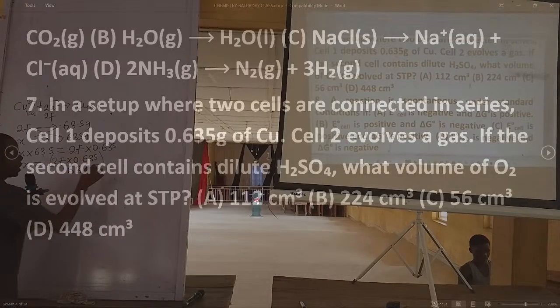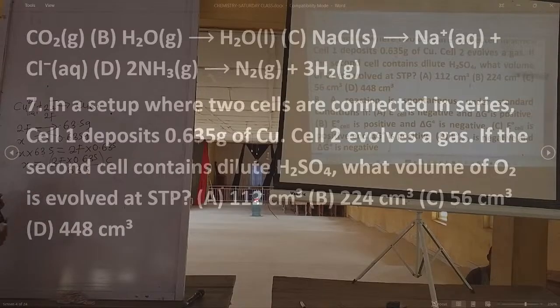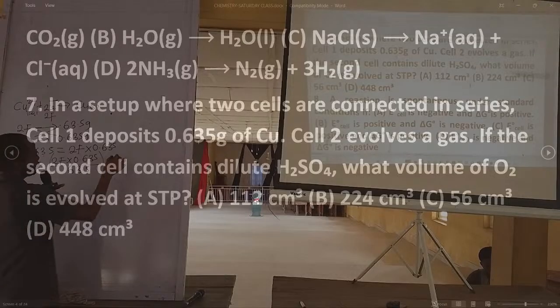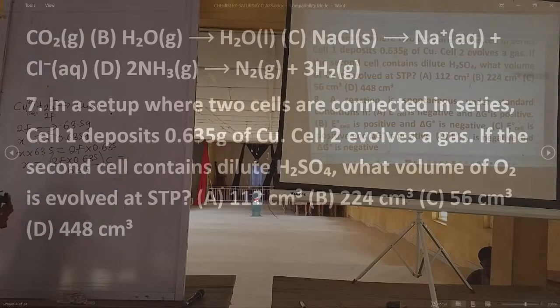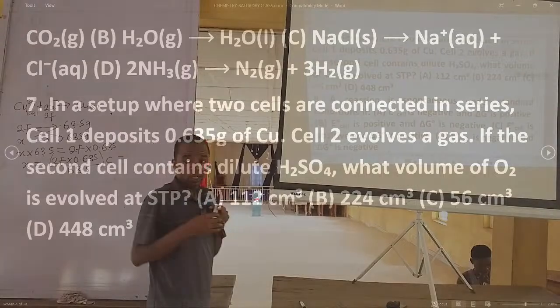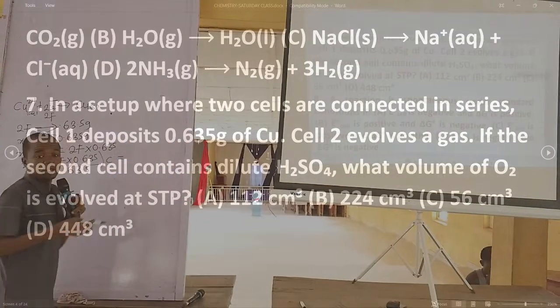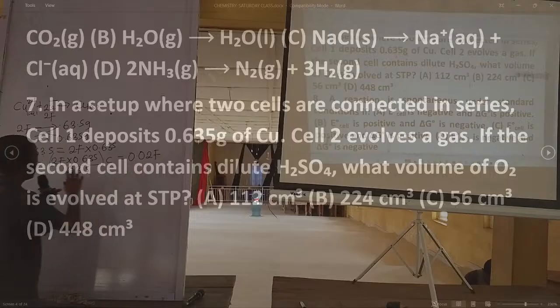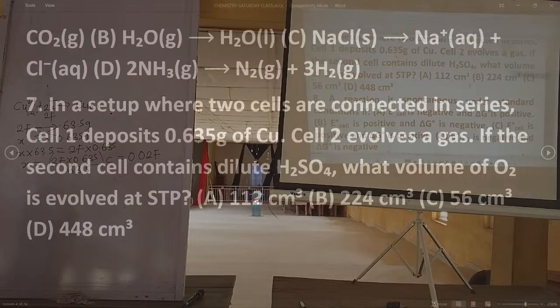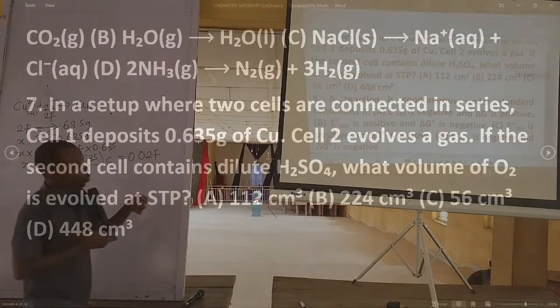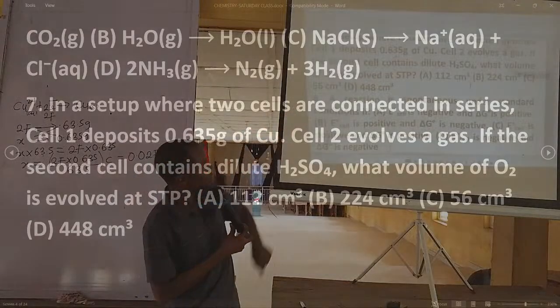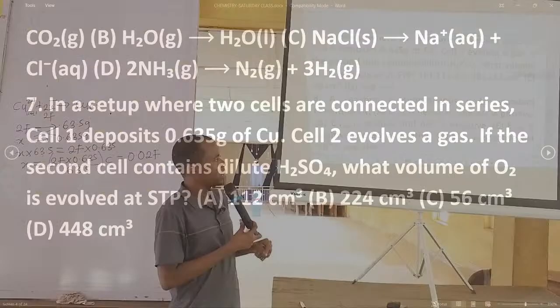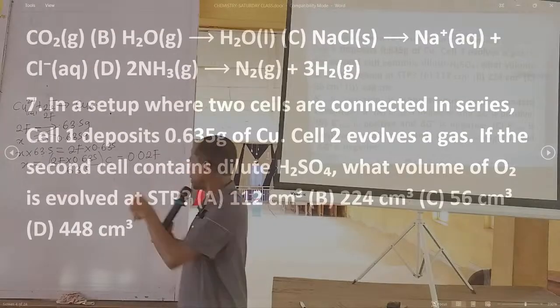And don't forget, every answer here is in coulomb because that is the unit of charge. And by the time we do the calculation here, let's find out what it will give us. 0.02. So that's 0.02 Faradays, meaning that the quantity of electricity required to deposit 0.635 gram of copper is 0.02 Faradays.